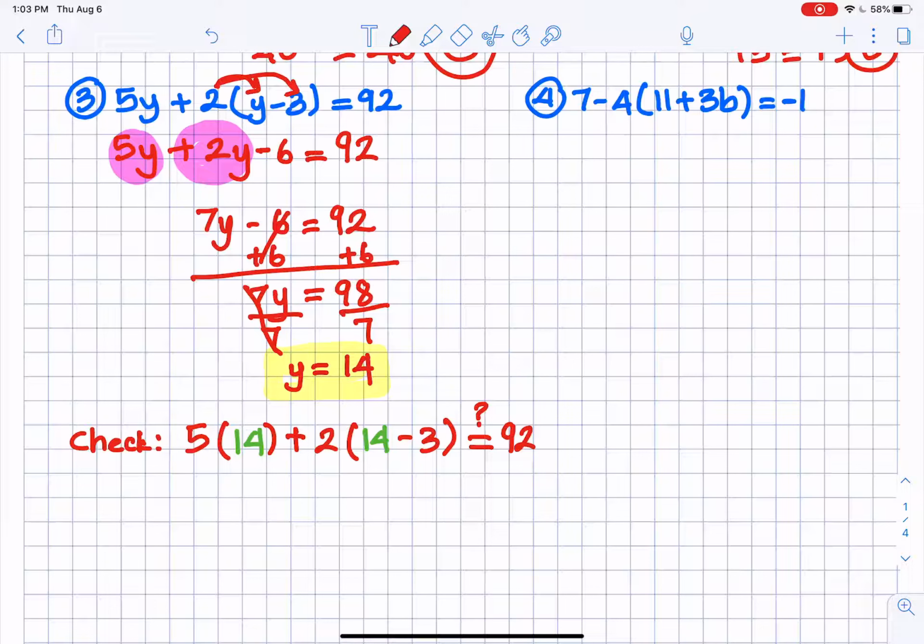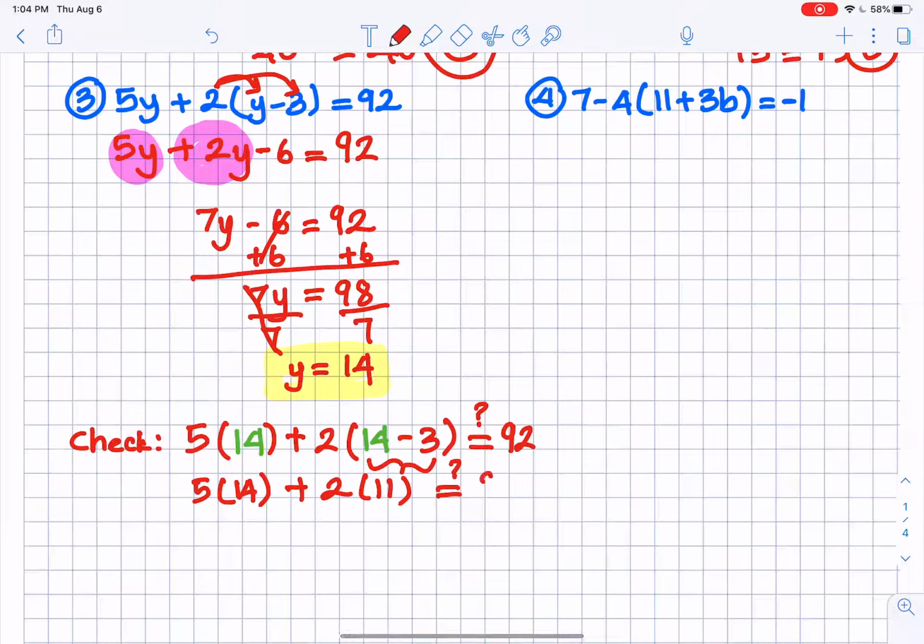So I'm going to start with order of operations again. I'm going to take care of the parentheses. So 5 times 14 plus 2 times 14 minus 3 will give us 11.